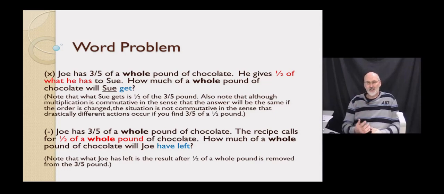But the operation here, the action that you take, is not commutative. It's not the same to give half of 3/5 as it is to give 3/5 of a half. So it's not commutative in the sense that the action would be the same. And so we have to pay really close attention with multiplication to make sure that the action is representing exactly what happened in the context.